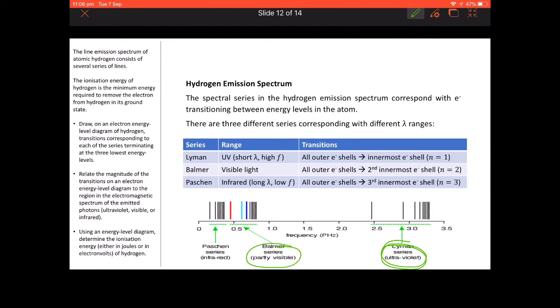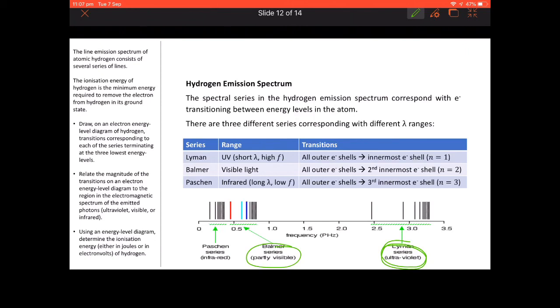So these photons are going to have lower energy, so a lower frequency than the Lyman series, because anything transitioning from an outer electron shell to the second innermost shell is going to have less energy than something transitioning from outer electron shells to the innermost electron shell, because the difference in energy is going to be greater. So the Balmer series corresponds with visible light, and anything transitioning to the second innermost shell from further out.